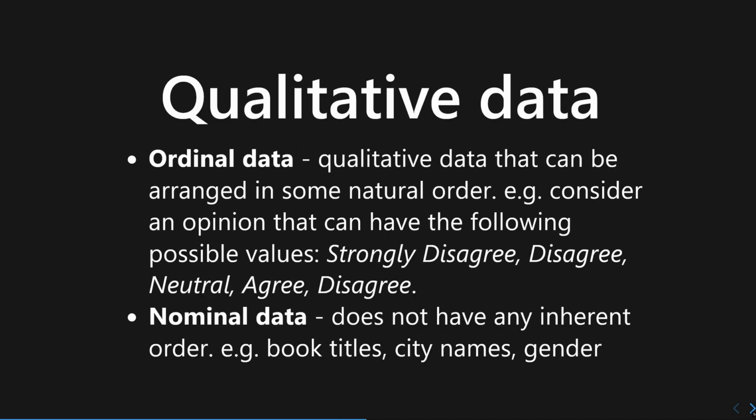On the other hand, you also have qualitative data. It comes from quality. It describes some form of quality. It's also known as categorical data. Again, it represents some form of quality or some form of category. If your data is not meant to have arithmetic performed on it, then it is qualitative data.